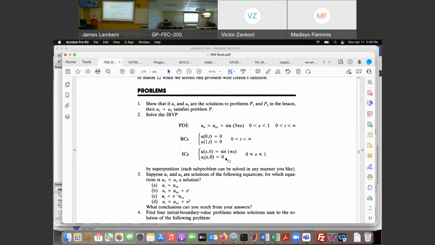The only difference, once you do all the transforming, is that now you have un double prime of t instead of un prime. So now you're solving a second order ODE instead of first order.